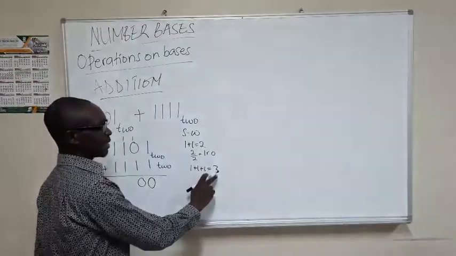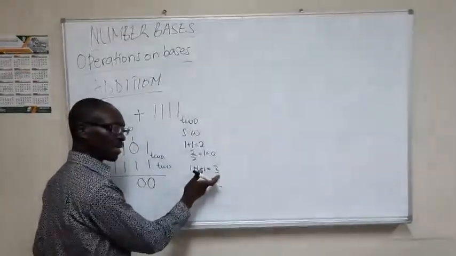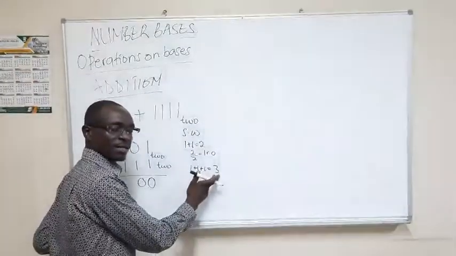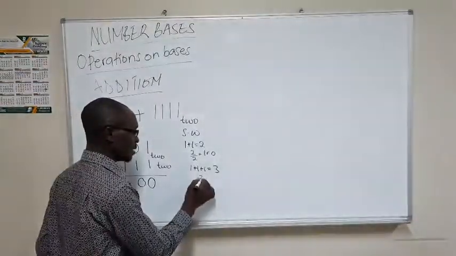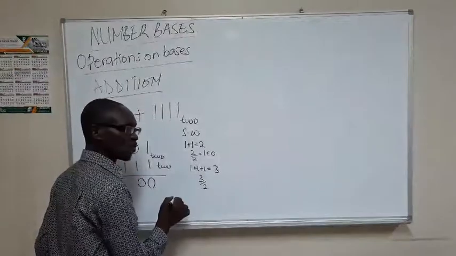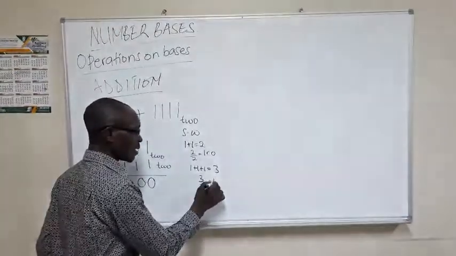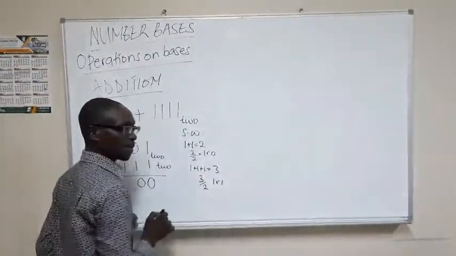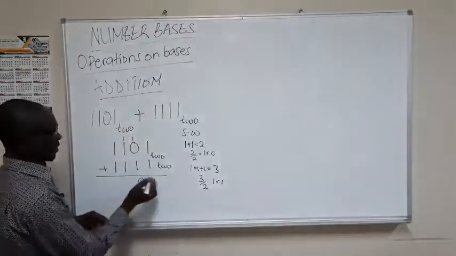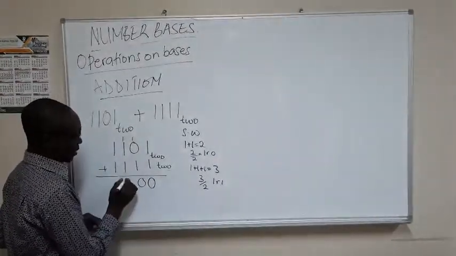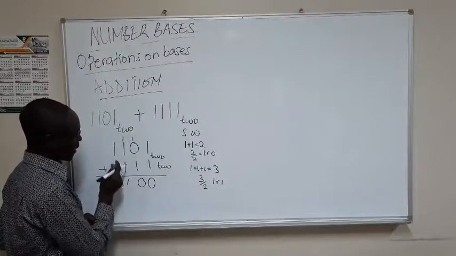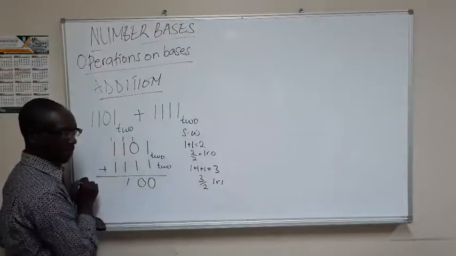I said what you get here, divide by the base we are dealing in, which is 2. 3 by 2, I get 1, remainder 1. Record the remainder, carry forward. Our remainder is 1. I carry forward a 1.